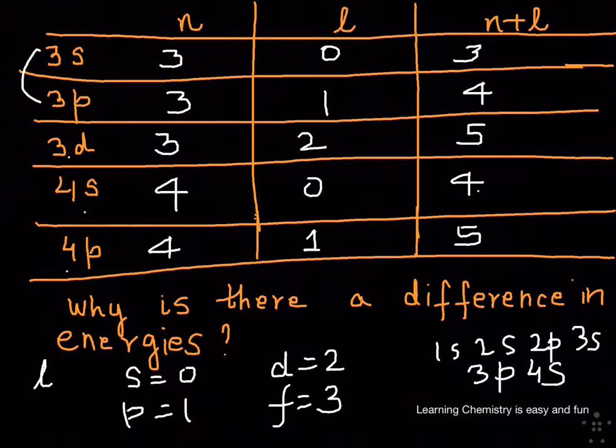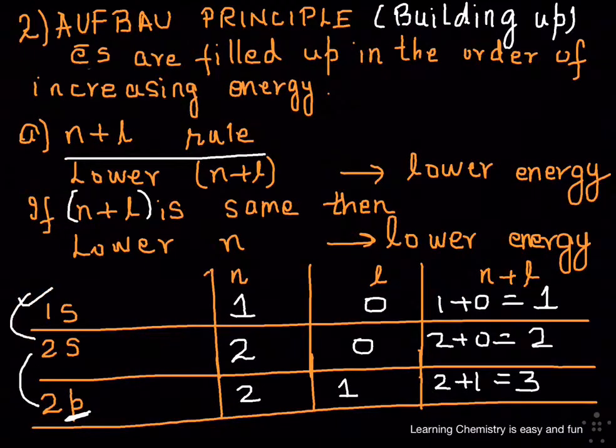Followed by, let us see, 4p. n is 4, L is 1, n plus L is 5. Now, if you see over here, 3d and 4p both of them have a value of 5. So which one has the lower energy? Go back to the second part of the rule. Lower n plus L, lower energy. We've been following it up till now.